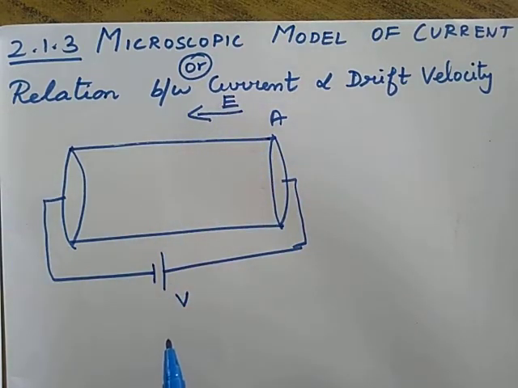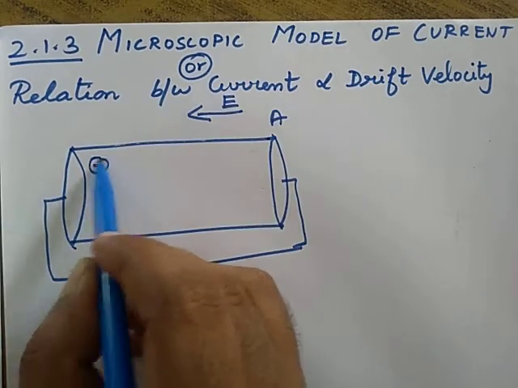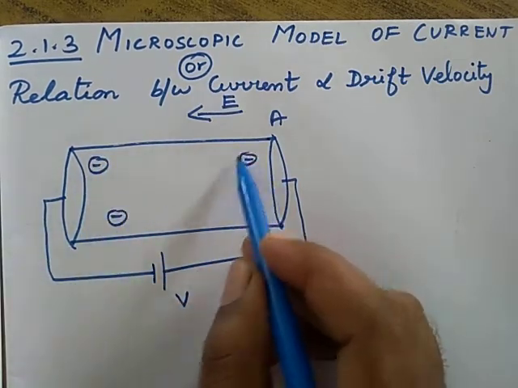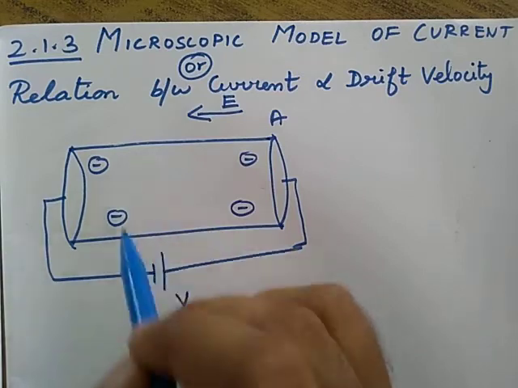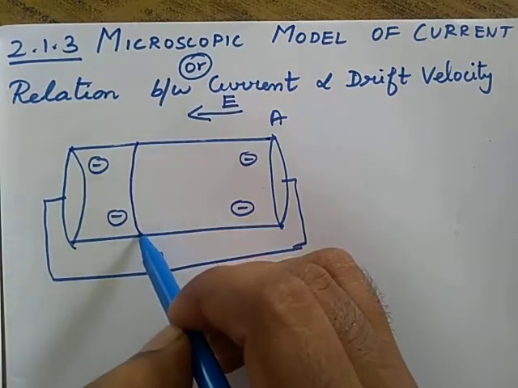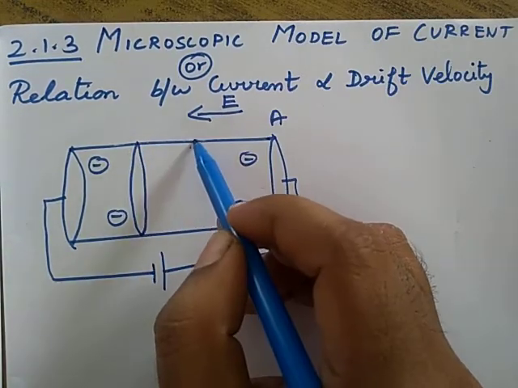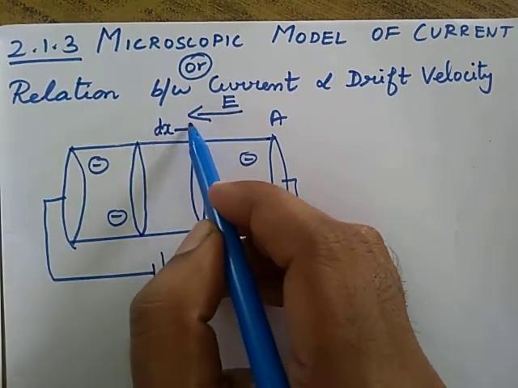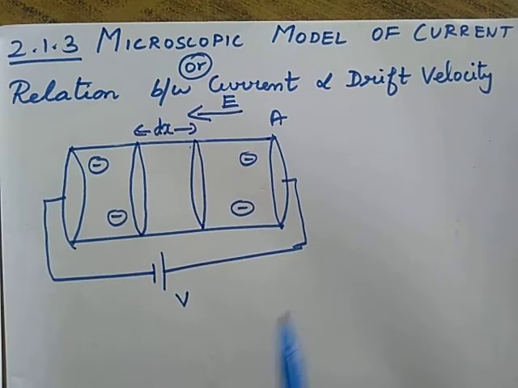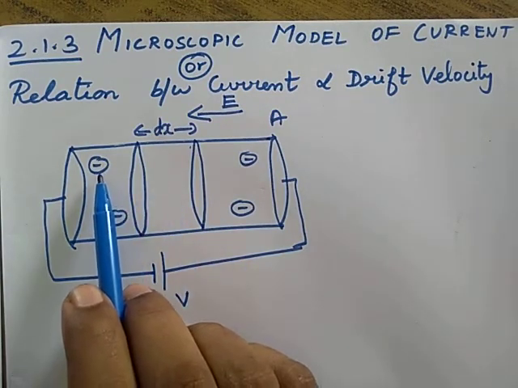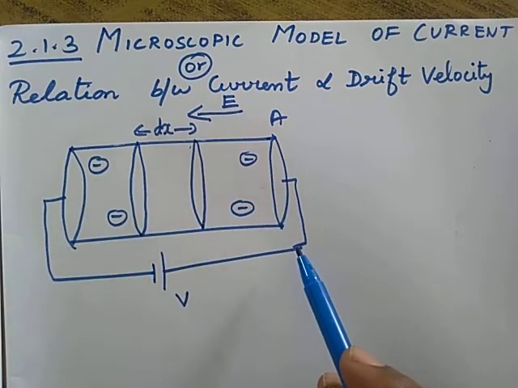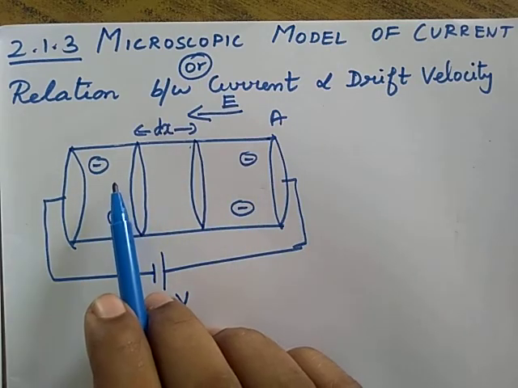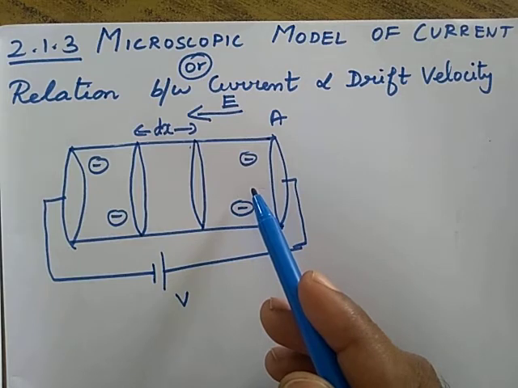Here it is a conductor, so it consists of a large number of free electrons. In this conductor I consider a small length element having the length dx. After applying the potential difference, the electrons drift towards the positive terminal with the same drift velocity.